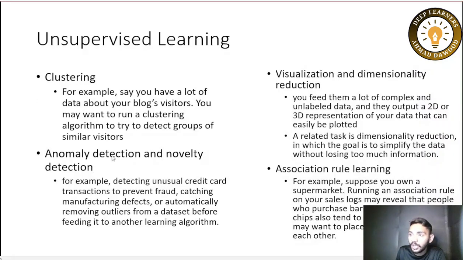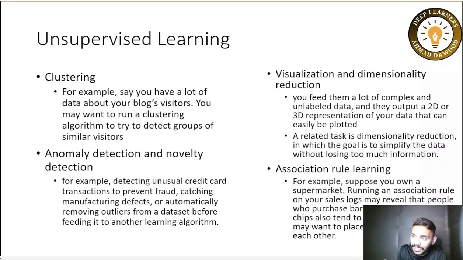In the same way, anomaly detection and novelty detection is also a type of clustering. When you run that type of algorithm on a data set, you may find a cluster that has very few samples, let's say one or two, as compared to the whole data set.